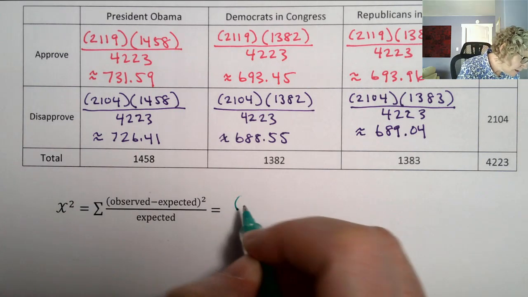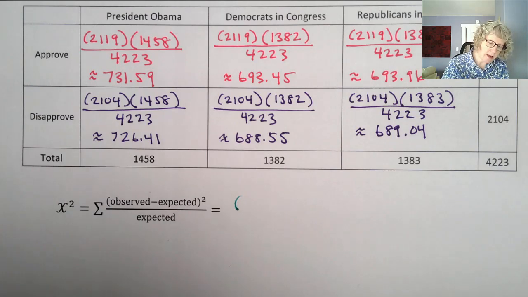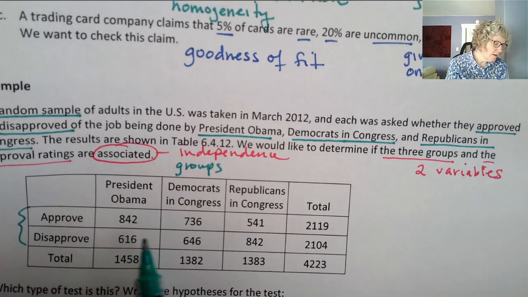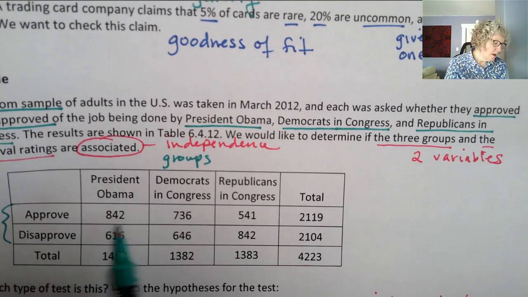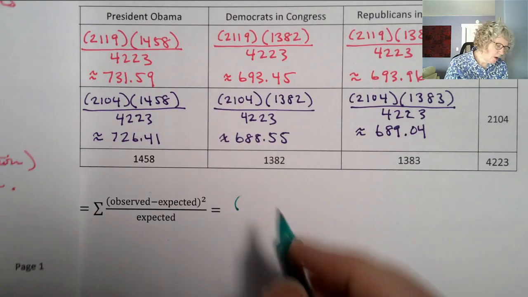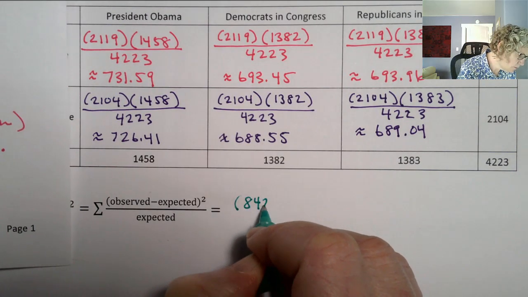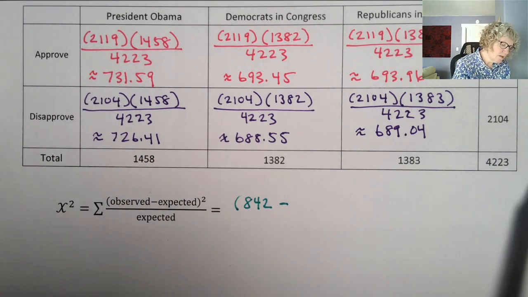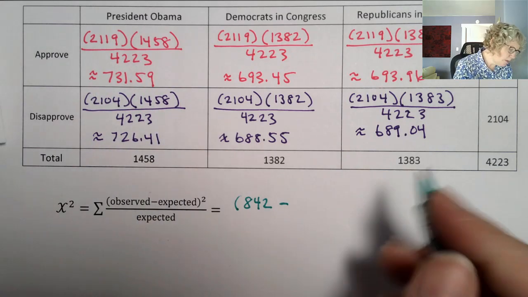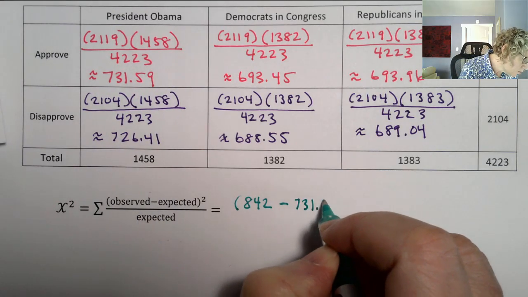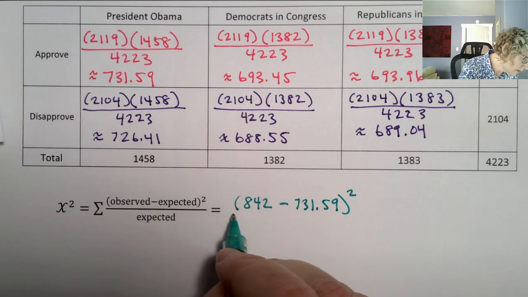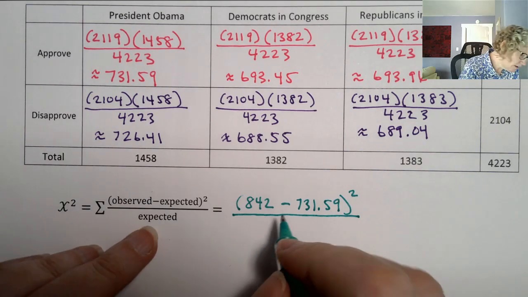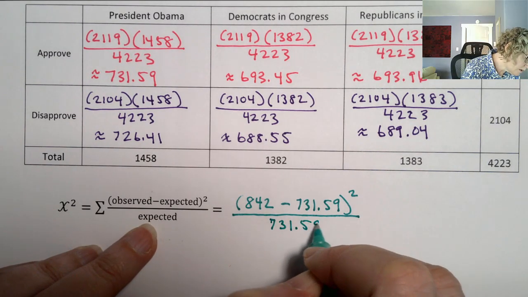Okay, so I need to get my original table back to get my observed, right? So in the data, 842 approved of the job President Obama was doing out of this survey. So that's 842 minus, under independence with these totals, we would expect 731.59. Okay, I'm going to square that and divide by expected again, 731.59.